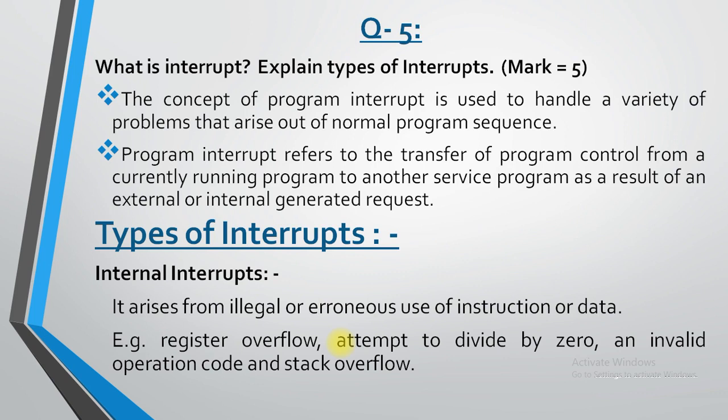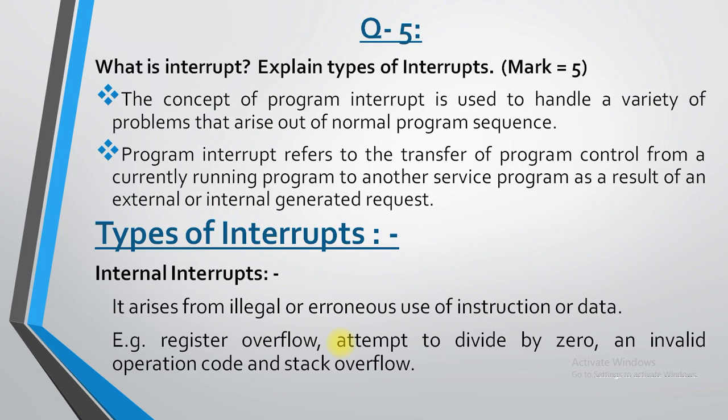So the concept of program interrupt is used to handle a variety of problems that arise out of normal program sequence. See, if interrupt is not there, at that time your program runs smoothly and you will get output properly. But any program which contains any problem will not generate proper output, and the transfer of your program controls from the currently running program to another service program.